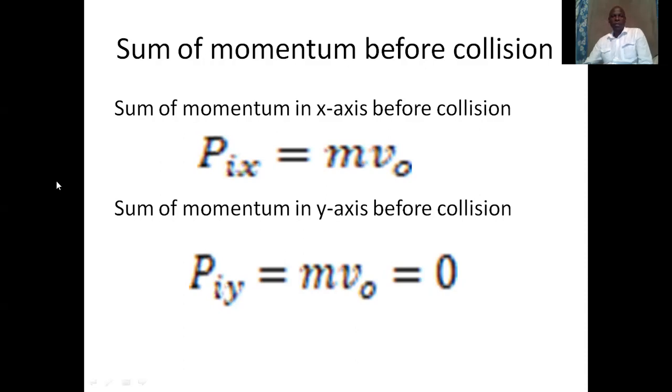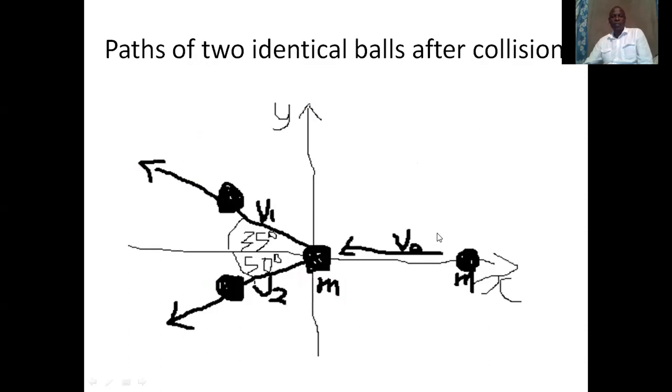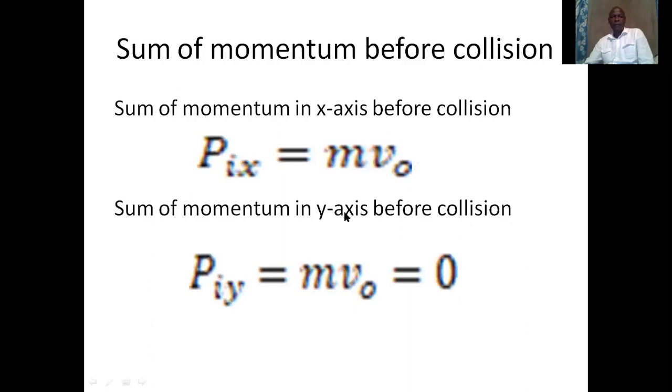First of all, we look at the sum of momentum in the x-axis before the collision, because this is a two-dimensional question, and therefore we have to break it according to the axis.